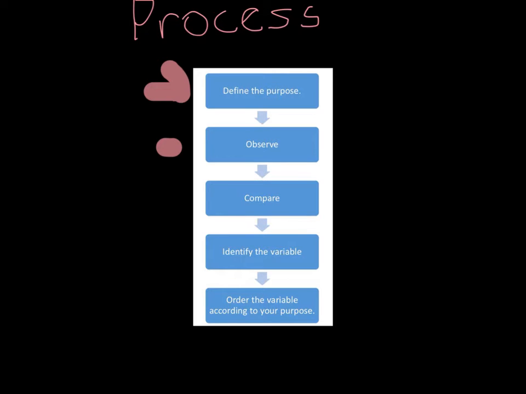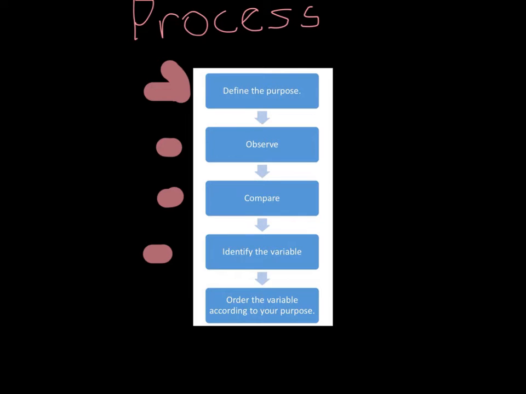And when I say watch carefully, it is because it is important to identify the characteristics in order to do the next step, which is to compare. When we observe and compare, we can identify the characteristics of the things we're classifying, and then we're ready to identify the criteria or variable to do the classification.